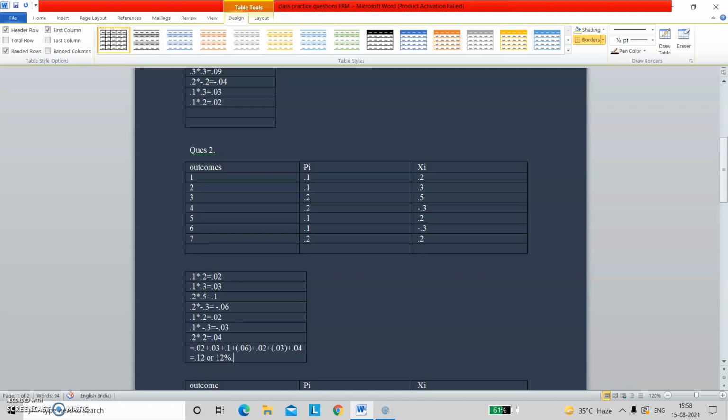So if the investor wants to invest in this type of security, the average expected return is 12%, right? Though we have 2 outcomes where we can expect negative returns, out of 7, 5 turn out to be positive, so an investor can think about this investment, right? So I hope this topic is clear to you.